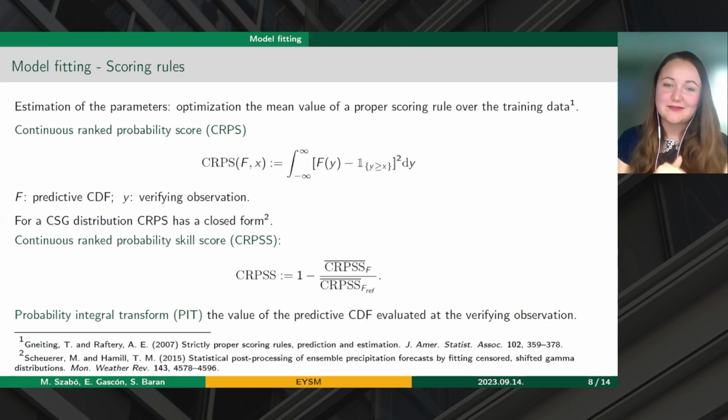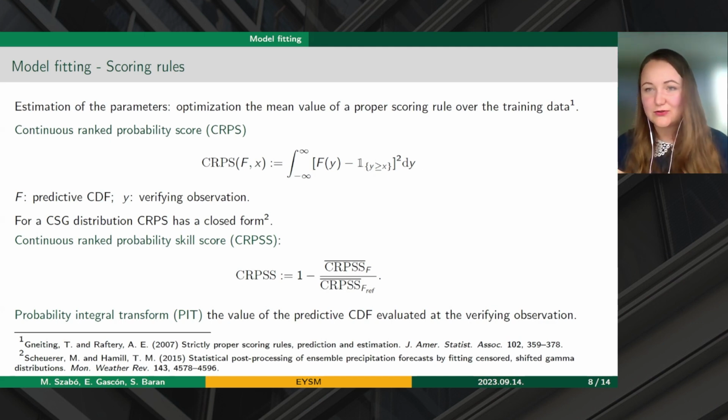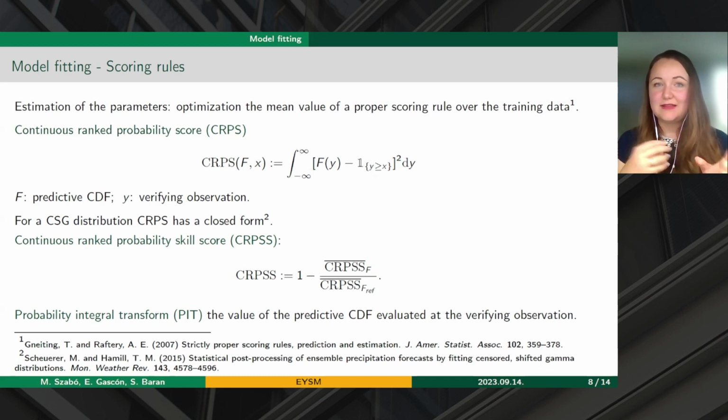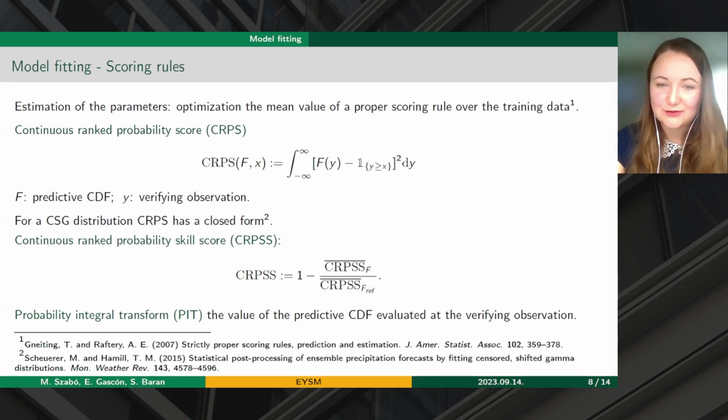The probability integral transform, which will also show in histogram form, means that we can evaluate the value of the predictive CDF at the verifying observations. And so hopefully it will show a uniform distribution, which shows that it had the desired calibrating effect.